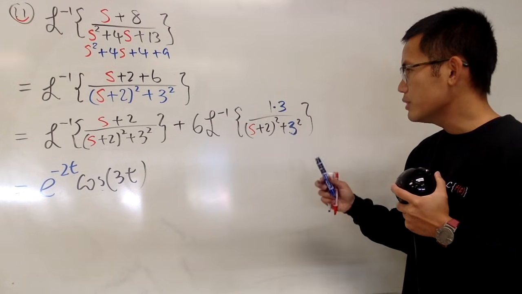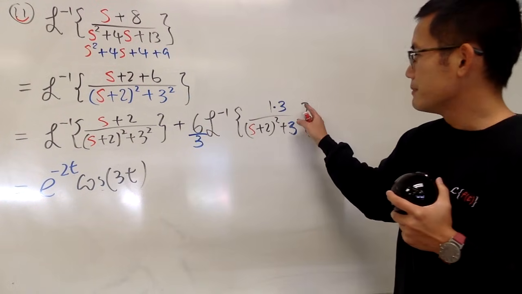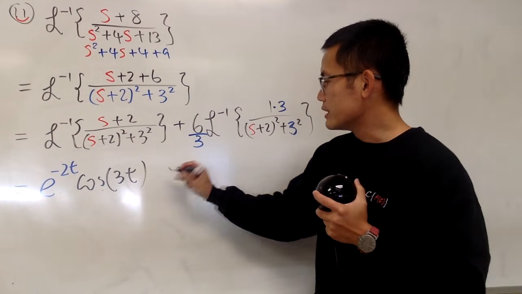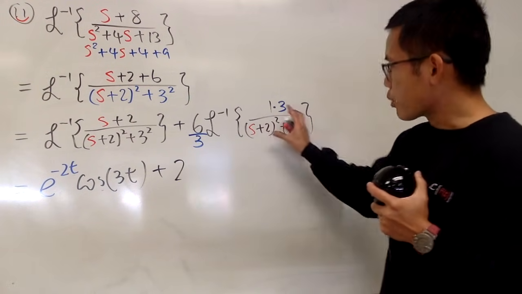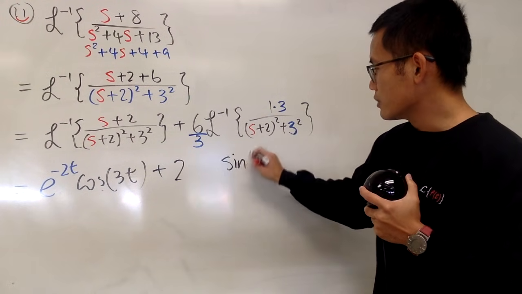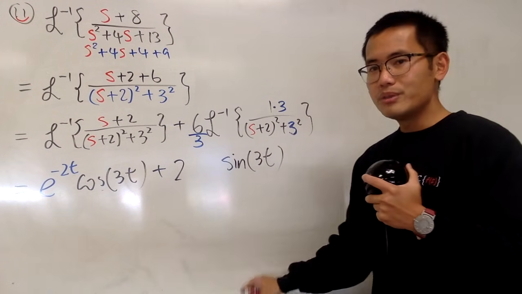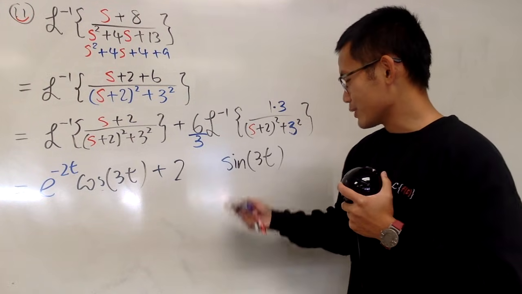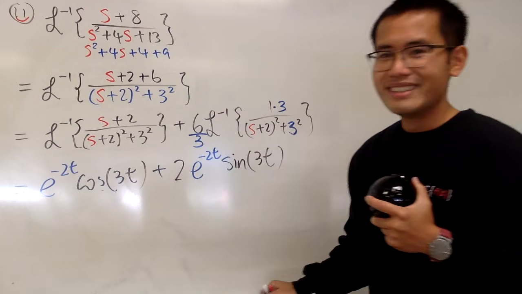Well, I multiply it by the 3, but just remember to divide it by 3, right? So you will see that this is actually plus 2 over 3 of this portion, which is now just the sine version, so it's sine of 3t. And then we have to do what we did over there, right? Of course. So just multiply by e to the negative 2t. And then we are done.